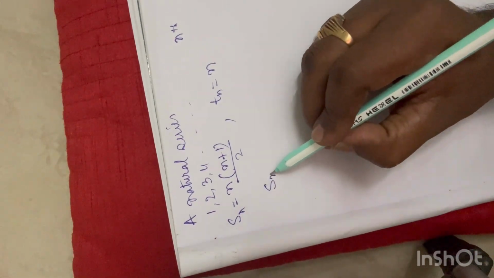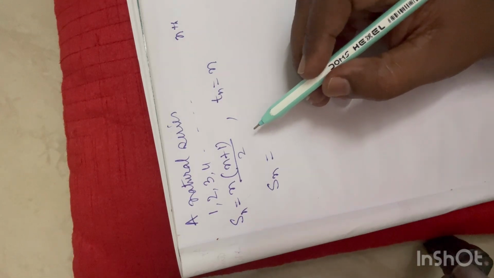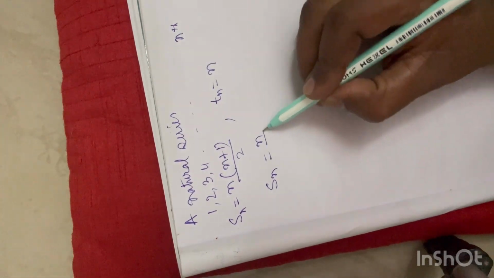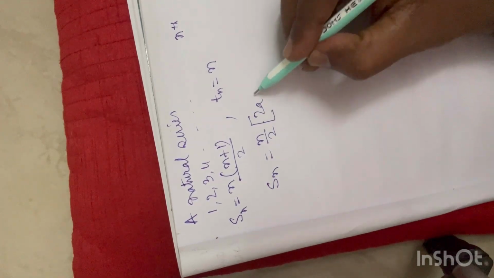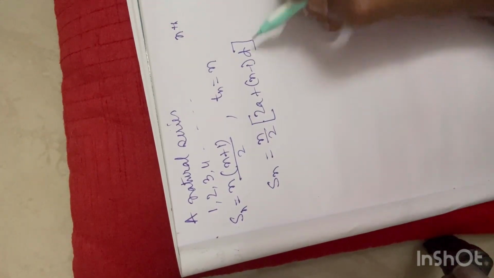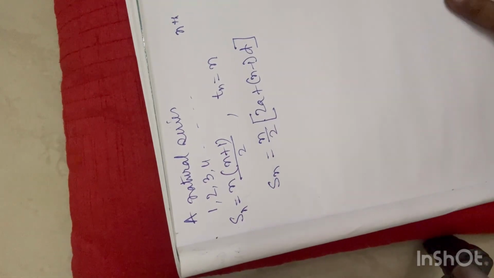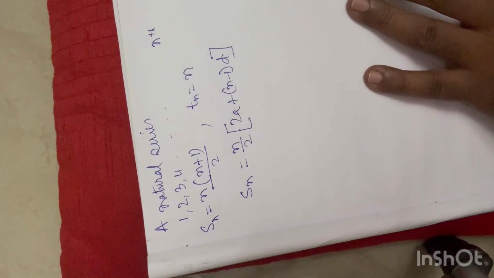The general formula for getting the summation, Sn, for any AP series is n by 2 into 2a plus n minus 1 into the common difference d, isn't it? This is my formula to get the sum of any arithmetic progression.